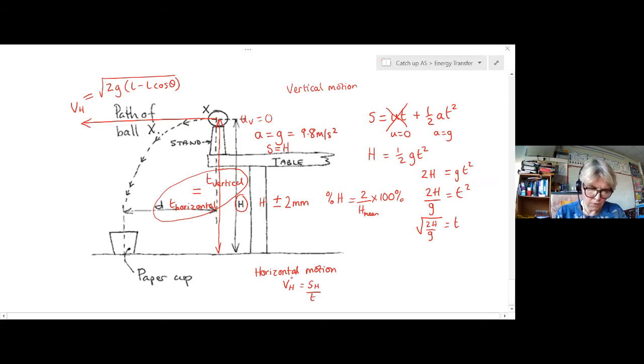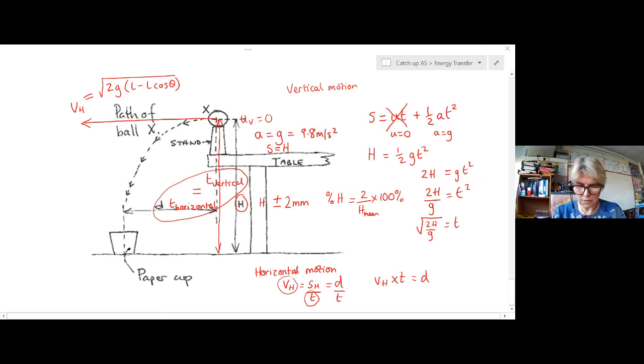Now we've got the horizontal velocity and the time taken, so we can work out the horizontal displacement, which is equal to d. Let's rearrange this. The horizontal velocity times the time is equal to d, the distance where we would have to put the paper cup directly below x.